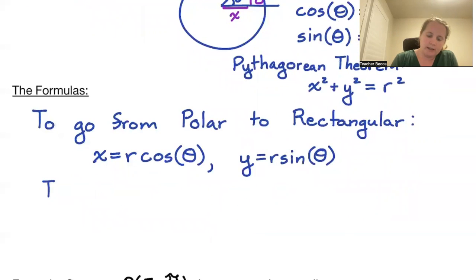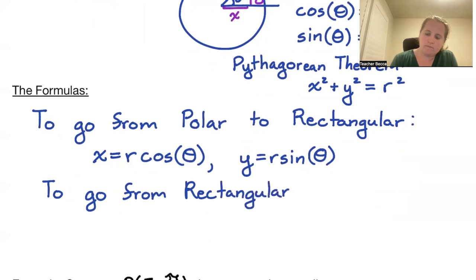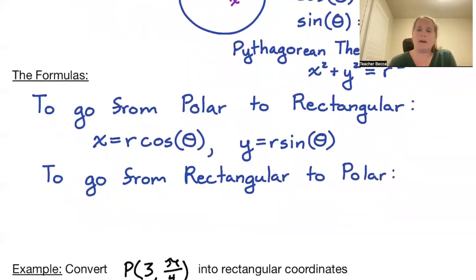To go from rectangular to polar, we have that r squared is equal to x squared plus y squared. So we can solve for r.